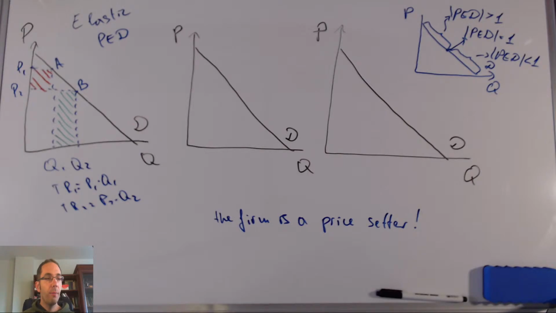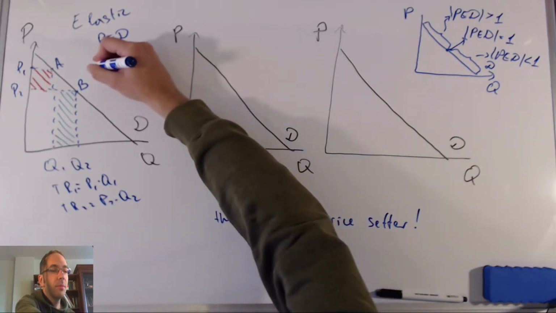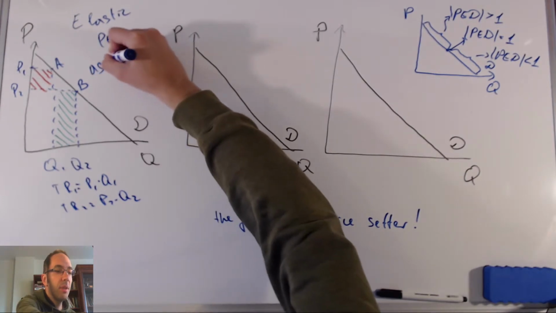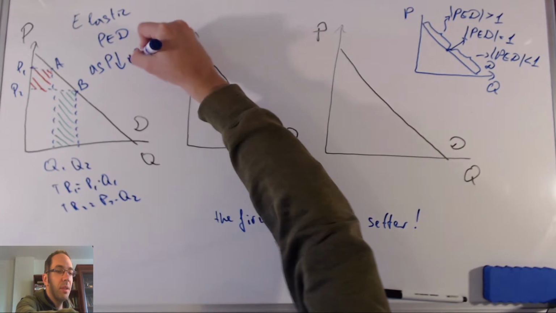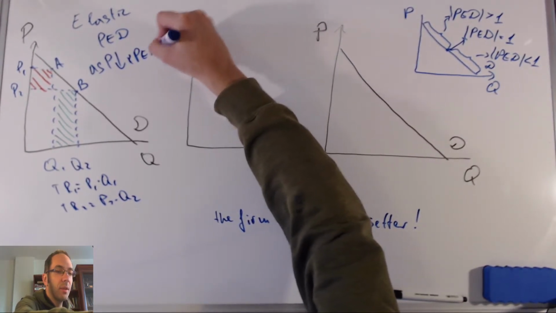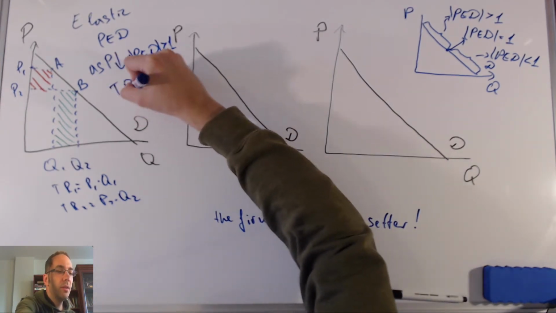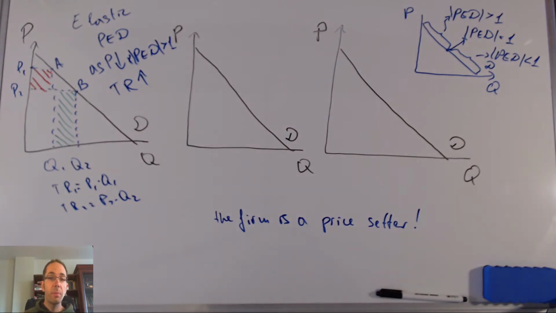So we can summarize this by saying as P decreases and PED is greater than 1, so it's elastic, total revenue will rise. Okay, so over here, interestingly, as the price is falling and price elasticity of demand is elastic, the total revenue will increase.